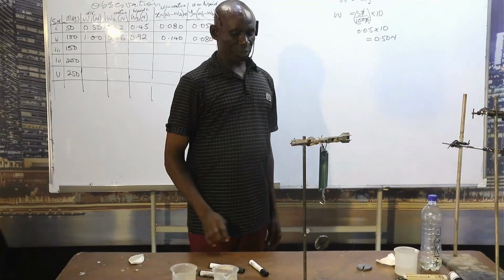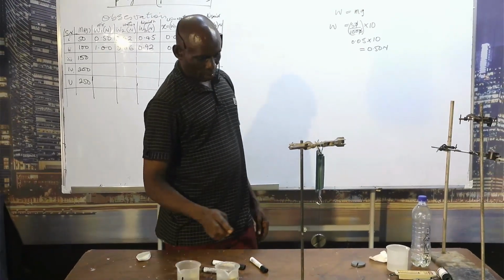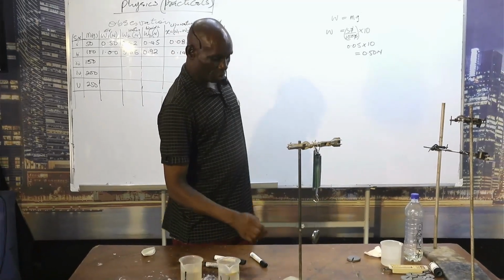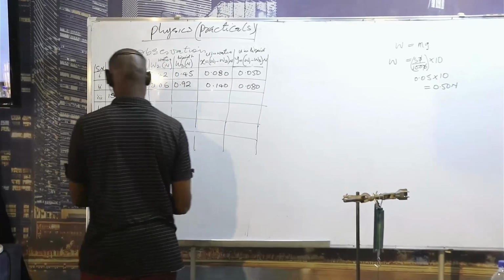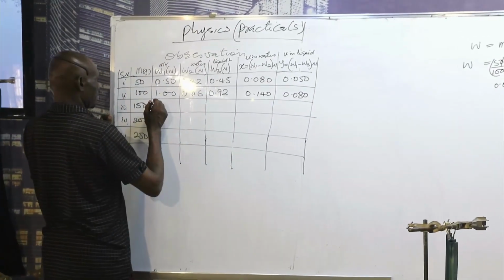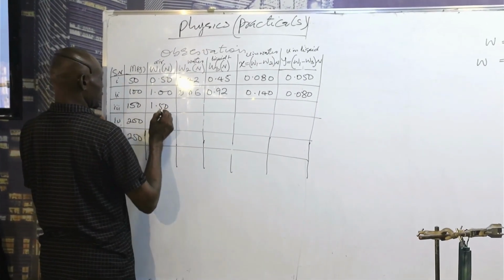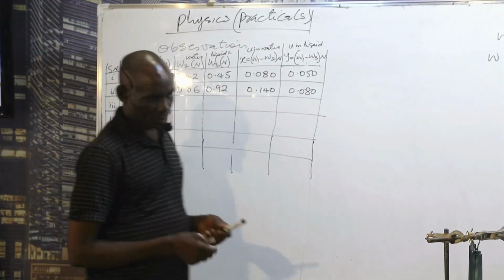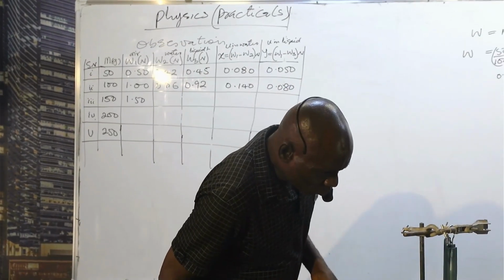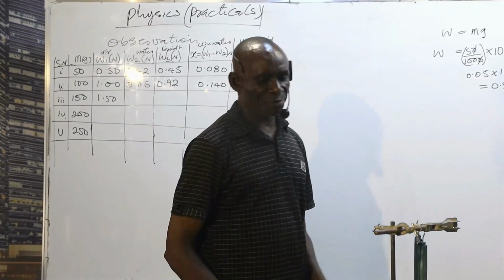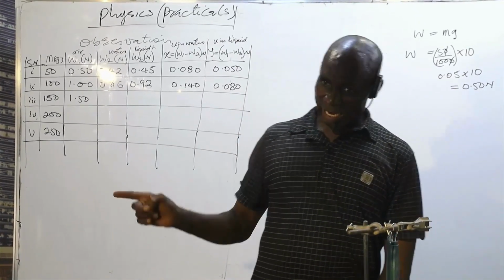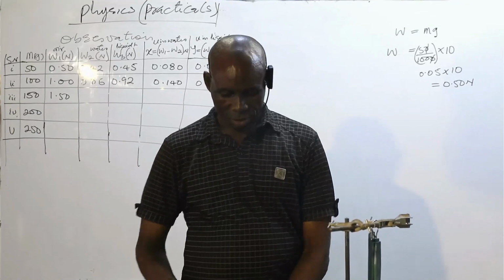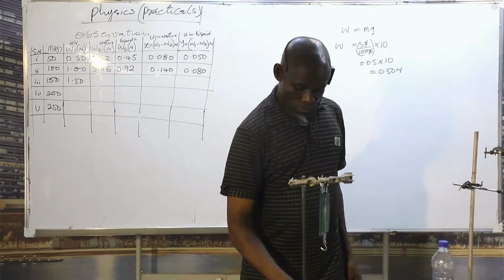And that 150 will give us what? 1.50. That's the reading. That is weight in air, 1.50.